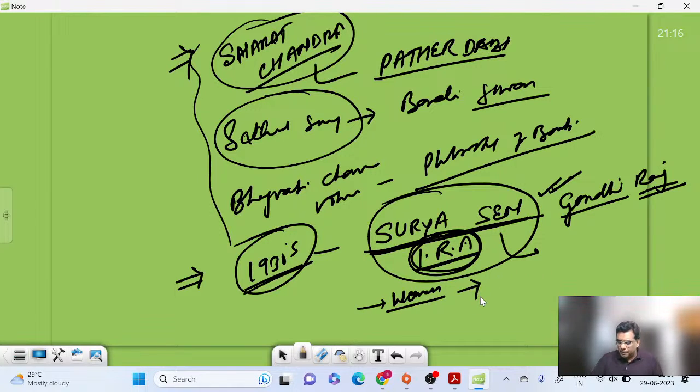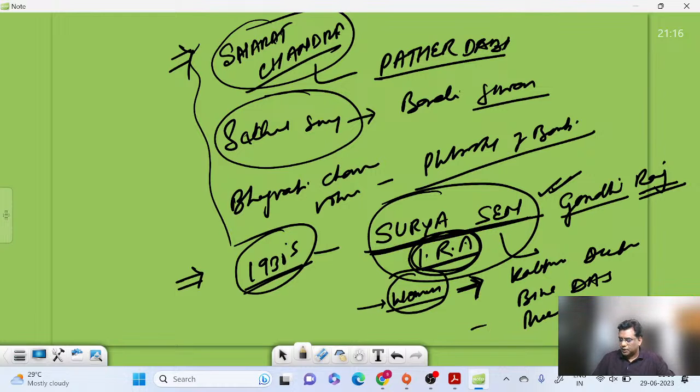We have women participants like Kalpana Datta, Beena Das, Preeti Lata, Shanti Ghosh, Suniti Chaudhary. They conducted the most successful revolutionary activity, the Chittagong Armoury Raid.